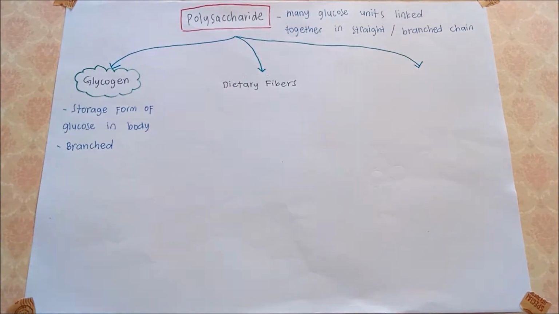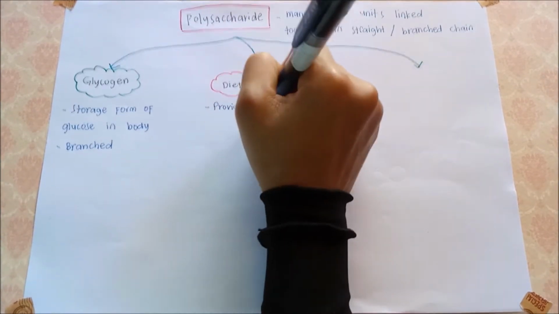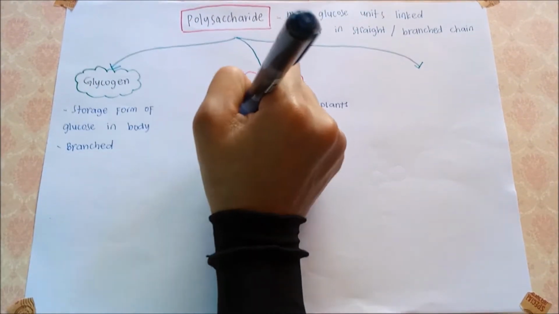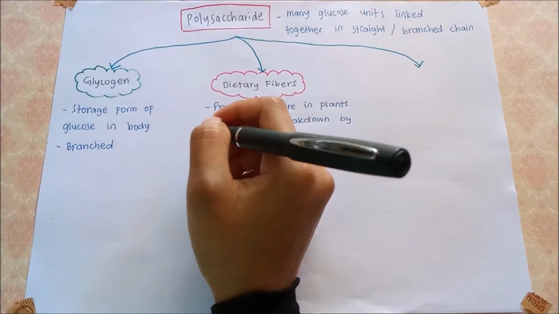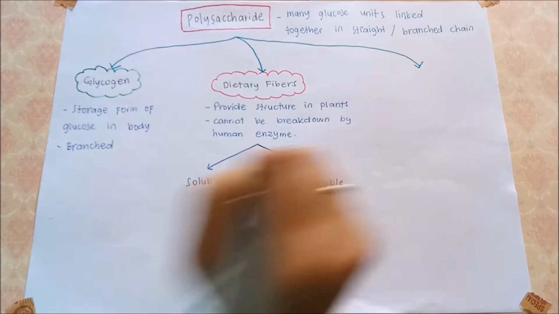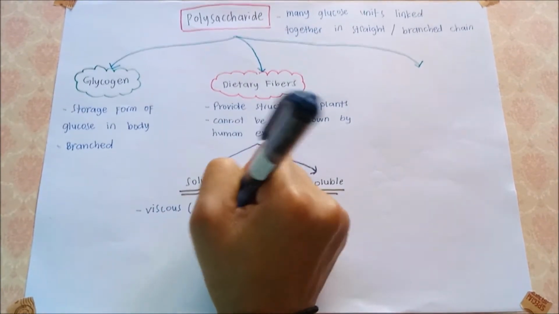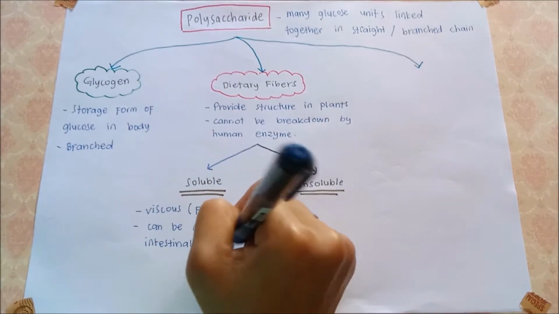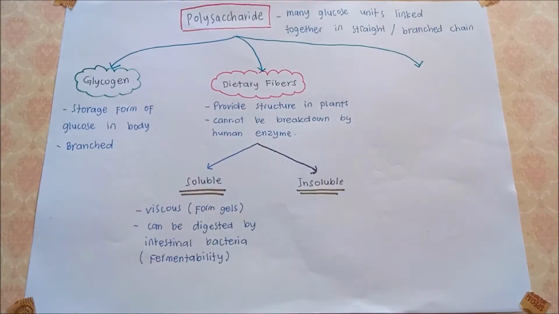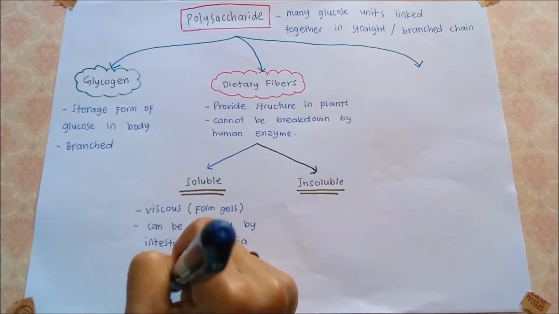The second one is dietary fiber. It provides structure in plants and cannot be broken down by human enzymes. It has soluble and insoluble fiber. Soluble fiber can form gels, which is viscous, and can be digested by bacteria, usually found in fruits and vegetables.